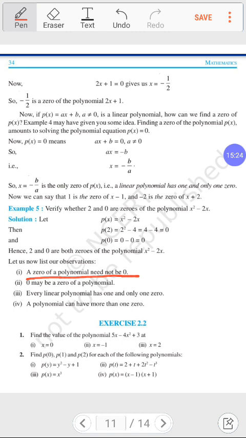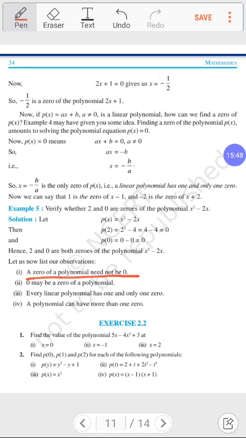This is saying that when we say zero of a polynomial, that doesn't mean the zero of a polynomial will be zero only. But it can be zero. I'm not saying that it will be zero. What is the difference between will and can? Will be zero means always zero, and can means yes, sometimes it can be.